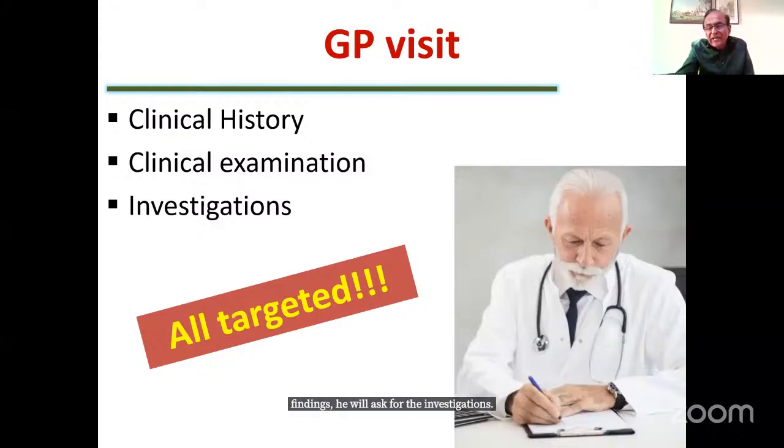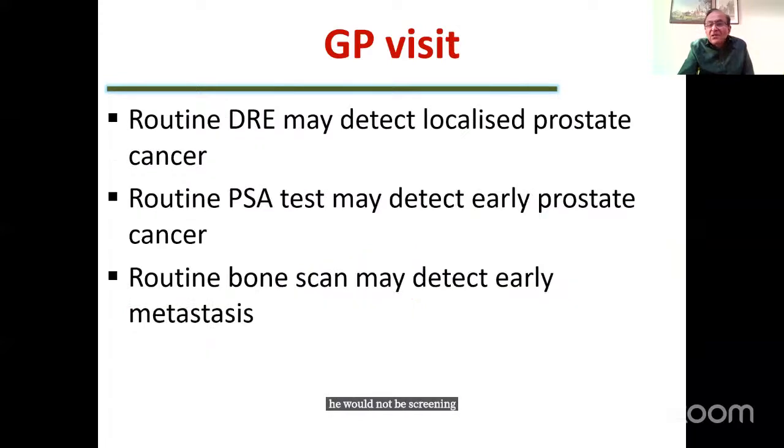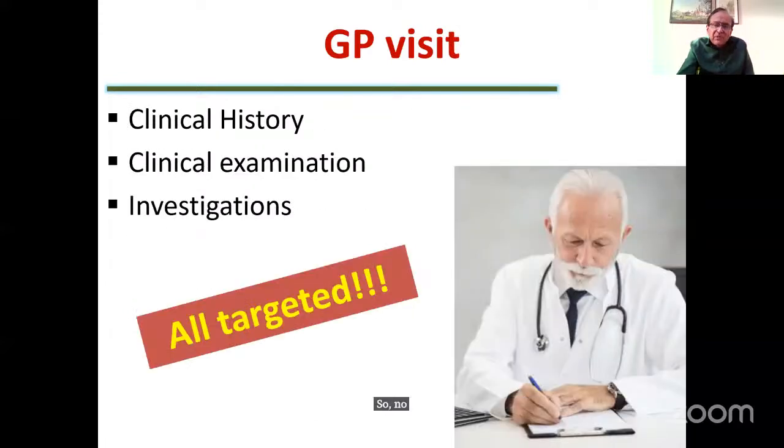He would not be screening you automatically for things. So, in an extreme example, if your general practitioner did knee reflexes on every single patient who came into his office, yes, he would find some early neurological disorders.